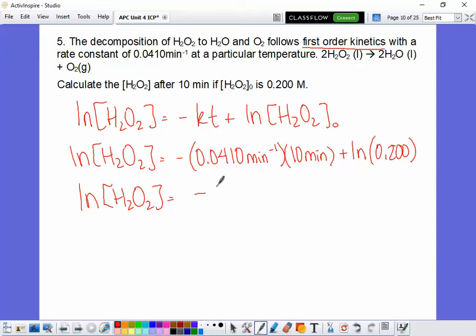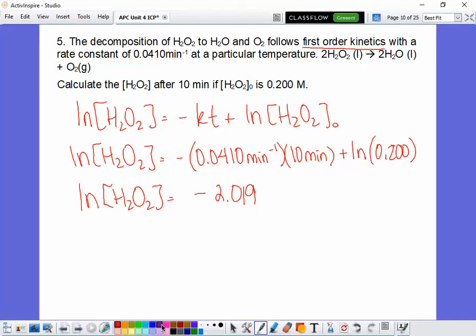Negative what? Oh, you just did this part. Gotcha. No. I wanted to solve the entire right side with the plus natural log of 0.2.